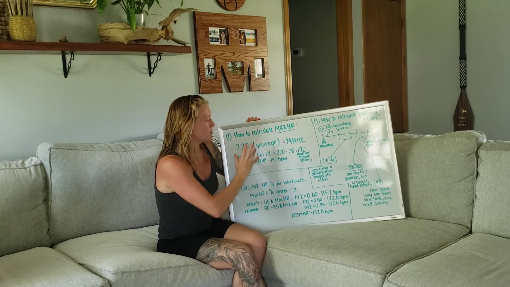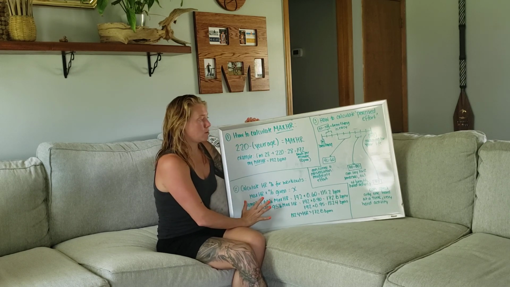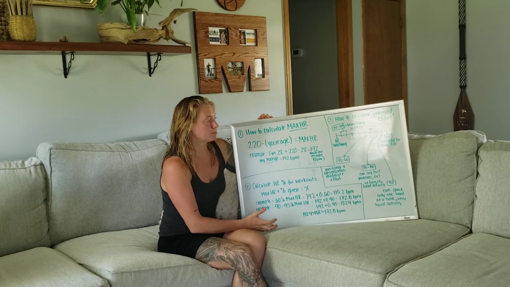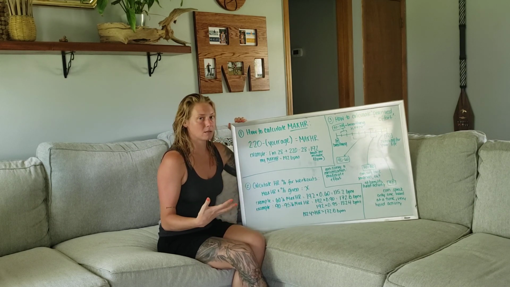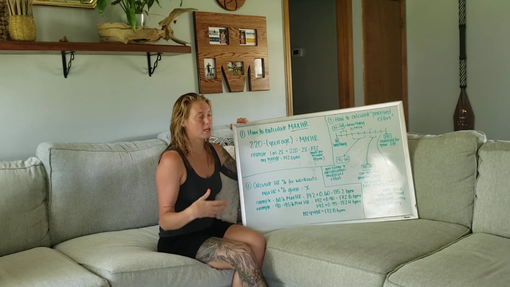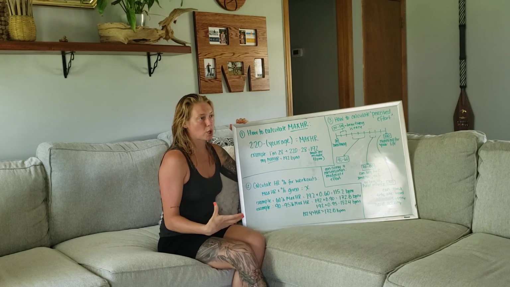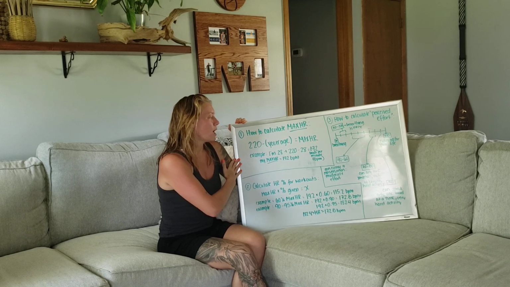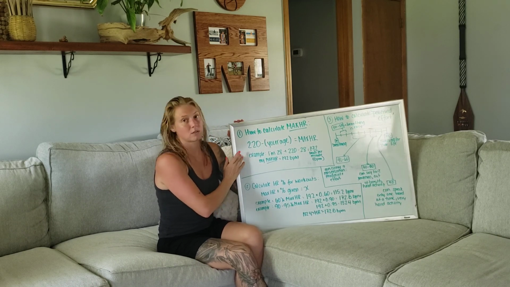And you can always revert back to this perceived effort or numerical hard evidence for your heart rate. Either one is great. This side is obviously going to yield more evidence-based results, and you can't really say, oh, I thought I was working hard enough, because you actually know what your body is putting out based on the numbers that you're seeing and what you should be seeing, because this doesn't lie.